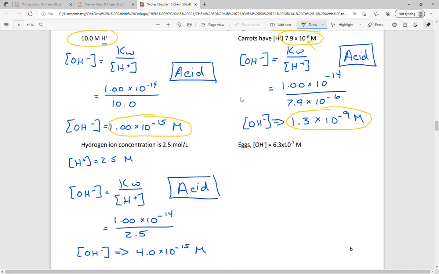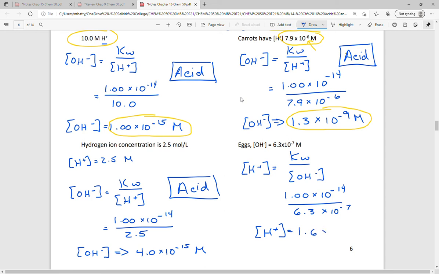Eggs, whether they're acidic or basic, so making the final claim on this one would mean that they are basic or a base. The negative 7 is a bigger number than that negative 8.